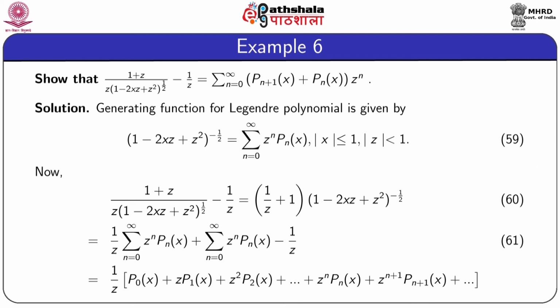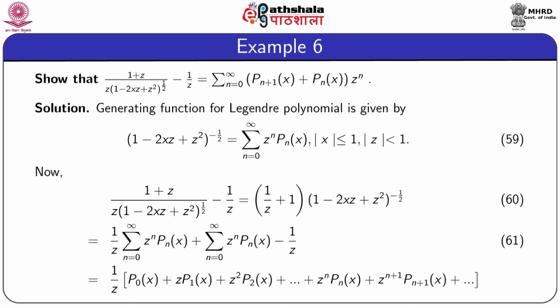Next, you express (1 - 2xz + z^2)^(-1/2) by 62, and you will be getting an expression as shown in equation 64, which is 1/z summation n equal to 0 to infinity z^n P_n(x) plus summation n equal to 0 to infinity z^n P_n(x) minus 1/z. What you do now is you expand the first summation of equation 64, and if you do that, you will be getting equation number 65.